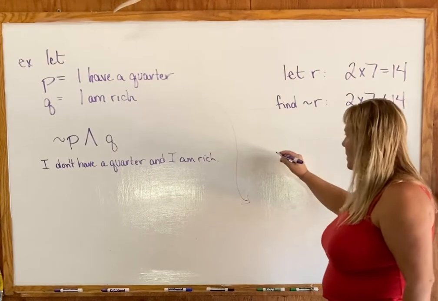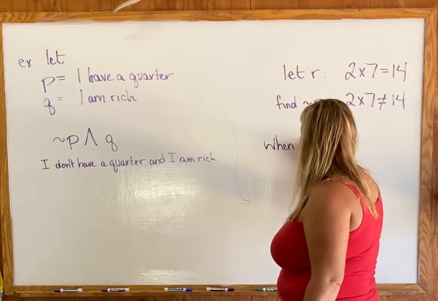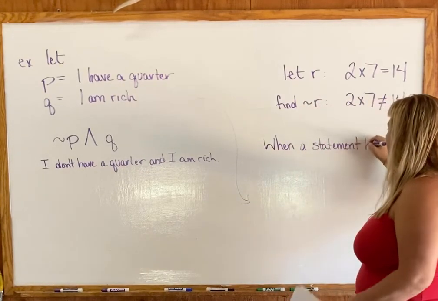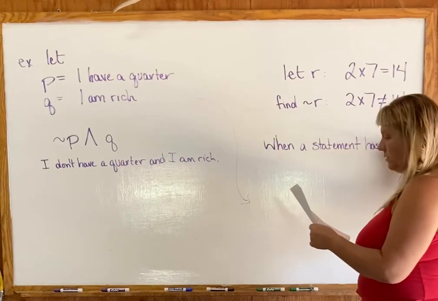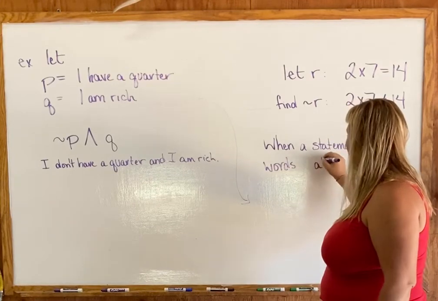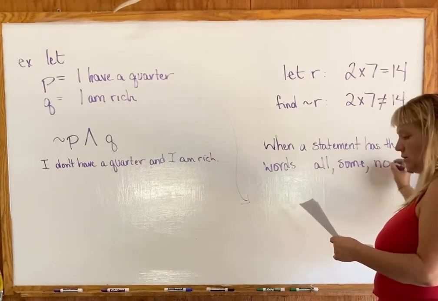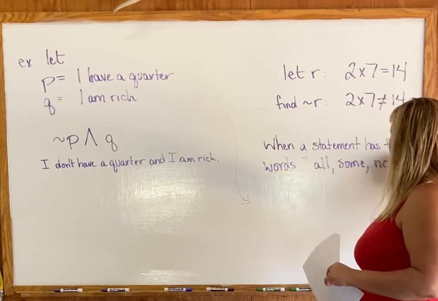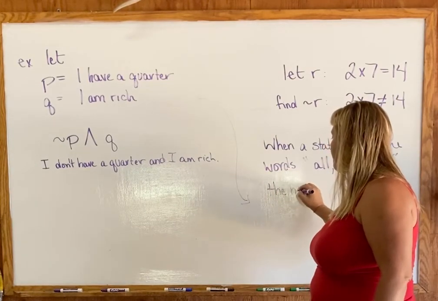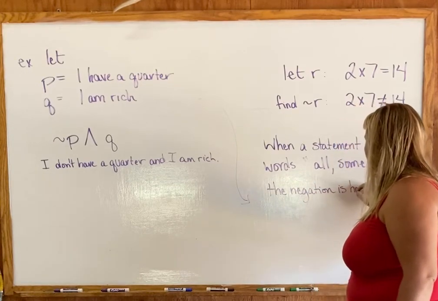Now, moving on a little bit here. When a statement has the words all, some, or no, those are some examples, then the negation is harder.